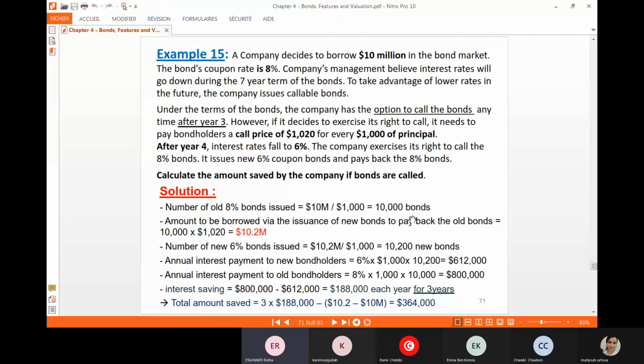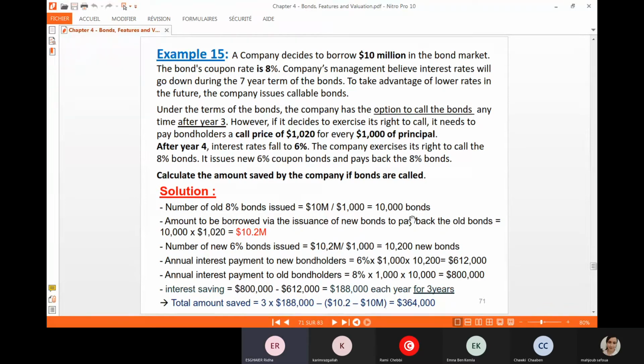Calculate the amount saved by the company if bonds are called. We said the company decides to borrow $10 million at the beginning. So it needs $10 million. If the par value of each bond is 1,000, the company issued 10,000 old bonds with 8% coupon rate.